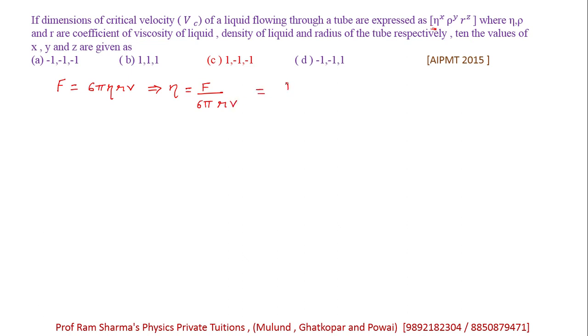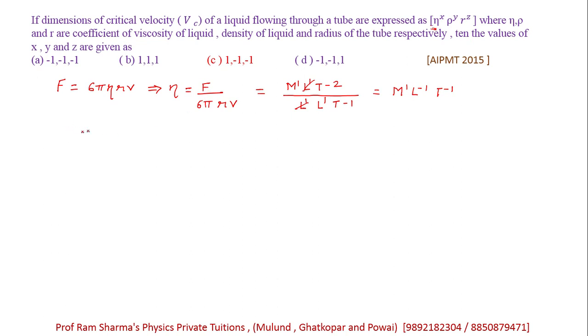Let's substitute the dimensions. Force is M¹L¹T⁻². 6 pi is a dimensionless constant. Radius is L¹ length and velocity is L¹T⁻¹. So I think this L¹ can be cancelled here. The final answer you get is M¹L⁻¹T⁻¹. This is your answer for the coefficient of viscosity.